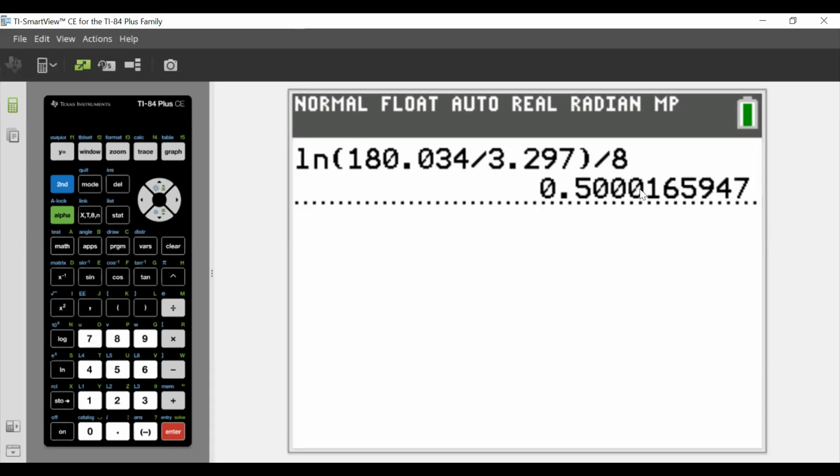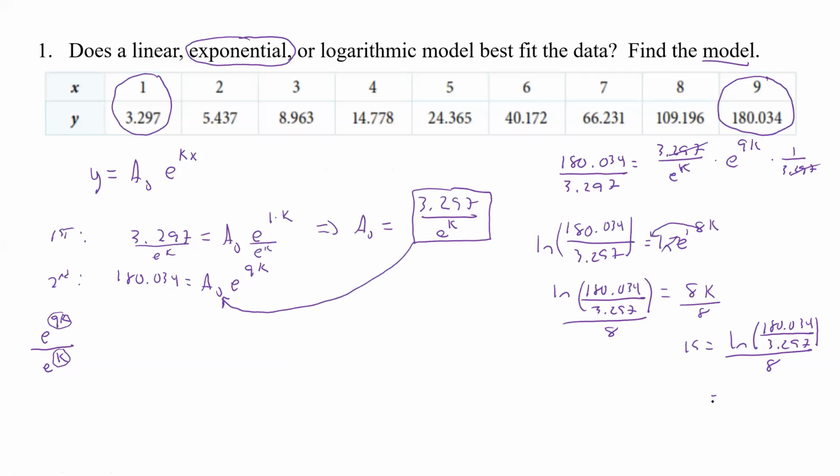And that's close enough to be a half for this problem. A lot of times they're going to say just round to the nearest tenth or hundredth. In either case, those are still both 0.5. So k is equal to 0.5.